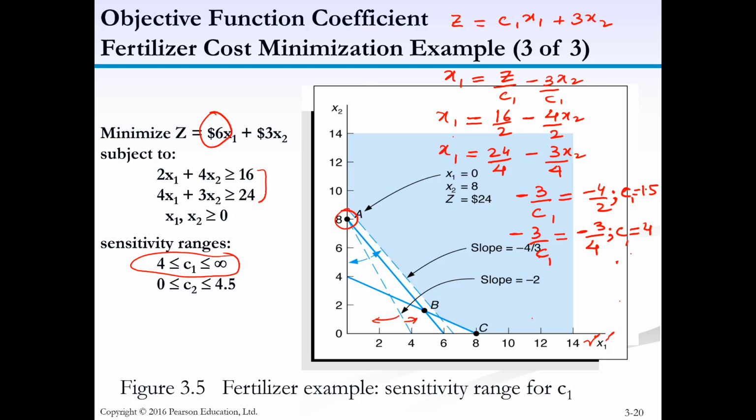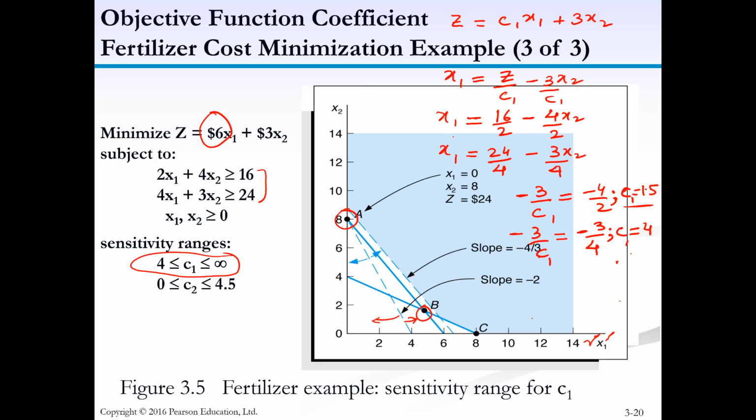We have to see which one is more sensitive. The more sensitive is the one closer to 6, which means that if we change from 6 to 4, the corner point is going to shift from A to point B. If we further decrease it, it will shift from B to C. At 1.5 it would go to point C, but before that it will be shifting from A to B.